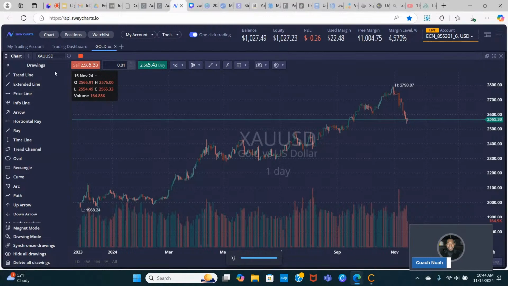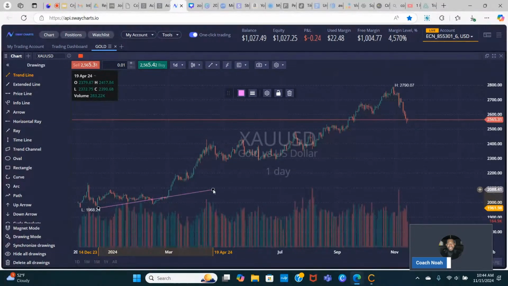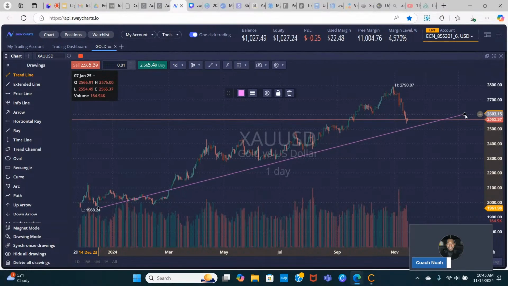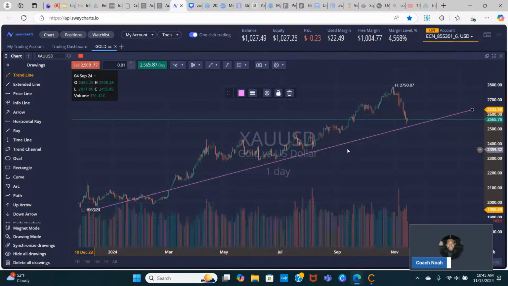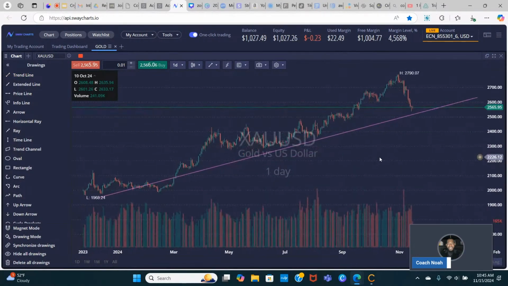And the way we figure out the trend, we're going to come over here, grab our trend line, and we're just going to start our line from the bottom of the trend, right? And basically just connect the dots. Okay, so it doesn't have to be perfect, like you see here where it dips into our trend line, but we just need the overall general direction of which way price is trending, right?